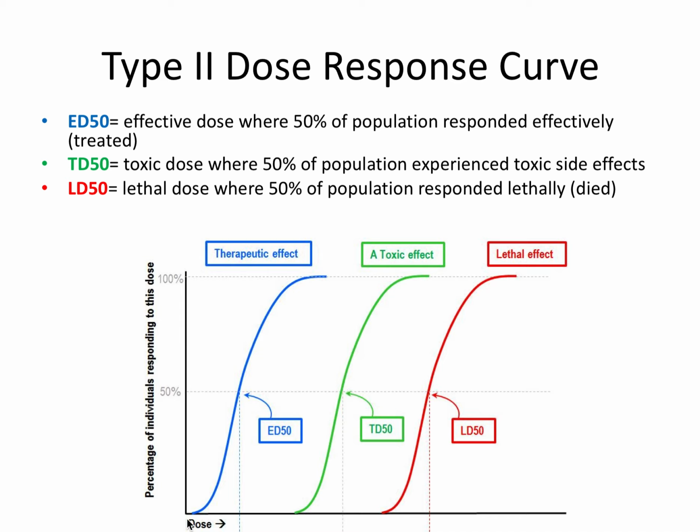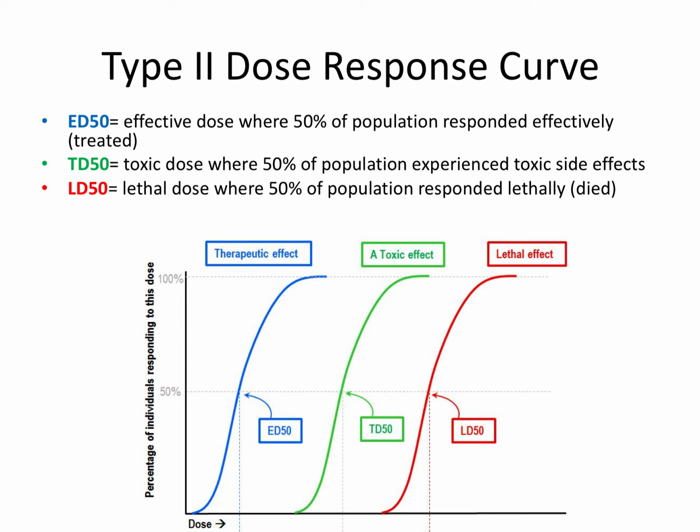So you're noticing as we're climbing up, we're increasing the dose. We started with not very much therapeutic response at all. Then 50% of the population was getting treated, and we reached a really sweet spot where most of the population was responding very effectively to the drug, and it was really working.